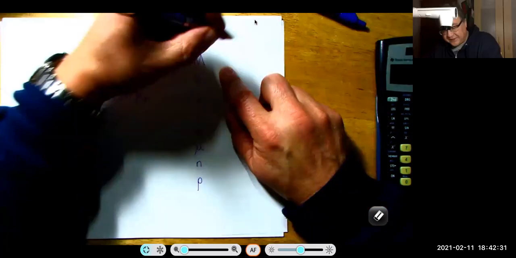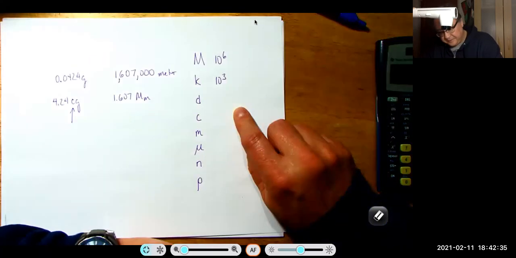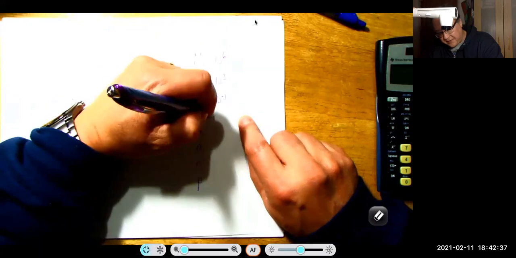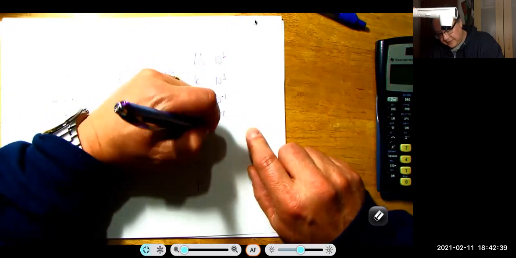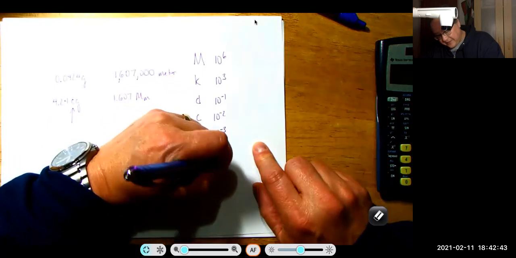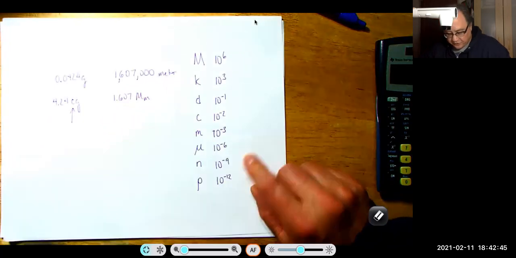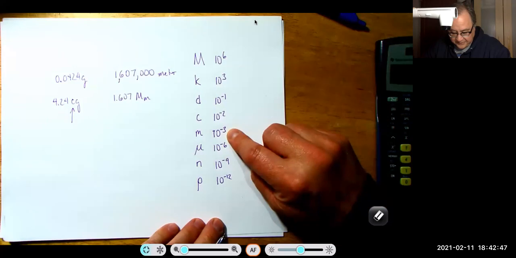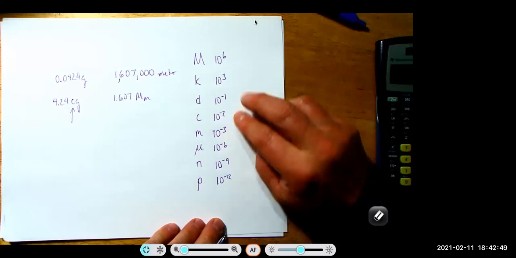Okay, that's not that bad. Here, it's 10 to the 6, 10 to the 3, 10 to the -1, 10 to the -2, 10 to the -3, 10 to the -6, 10 to the -9, 10 to the -12. You'll notice most of them skip by 3s. And these are kind of the odd ones.